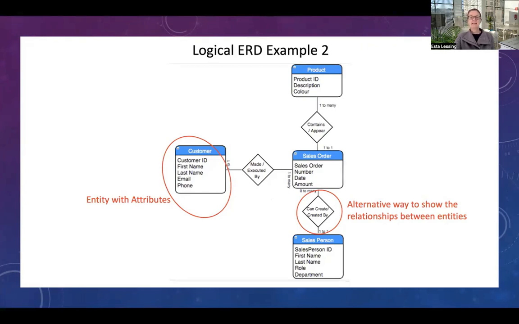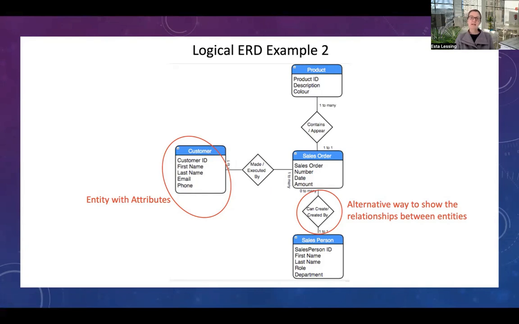And then, as you can see, this is a different example about a sales order. So we are showing and describing the relationship between the entities by having this diamond shape. This is optional for you to do. And they also use normal English language to describe the relationship.